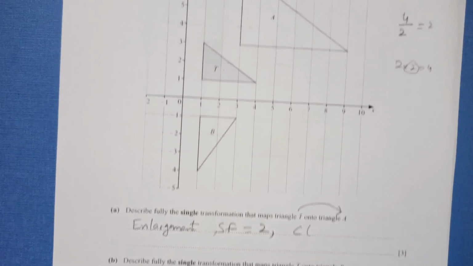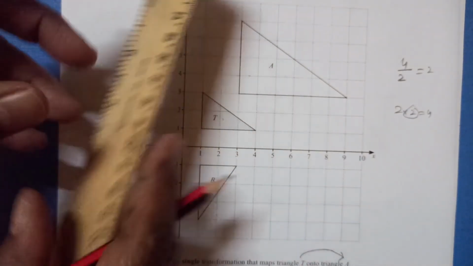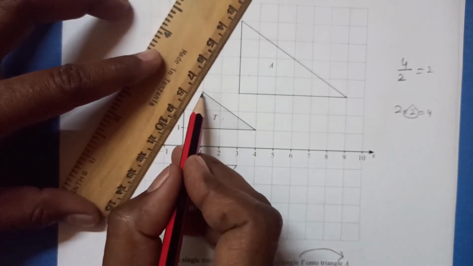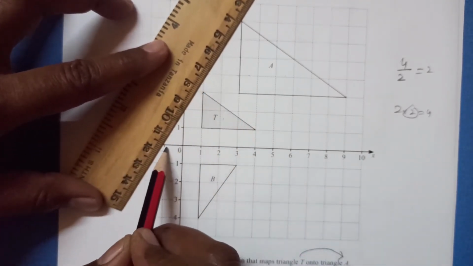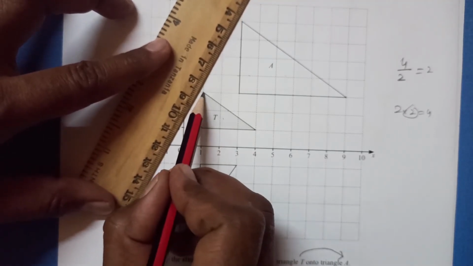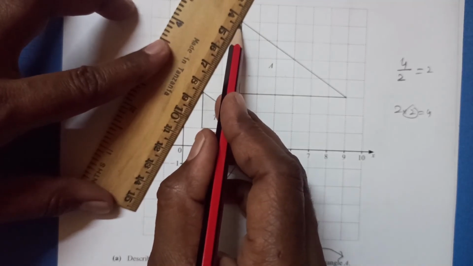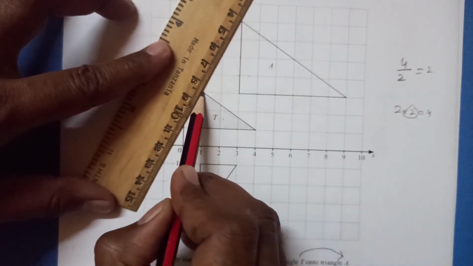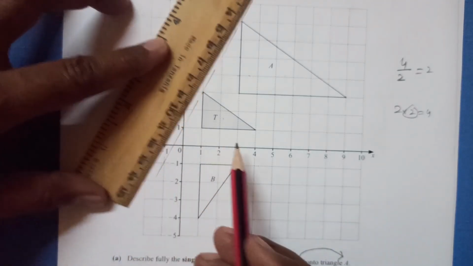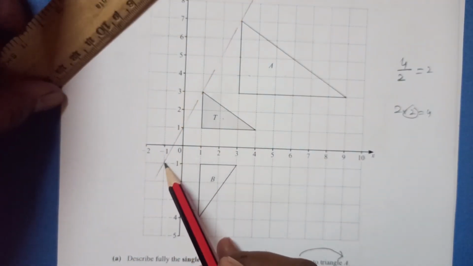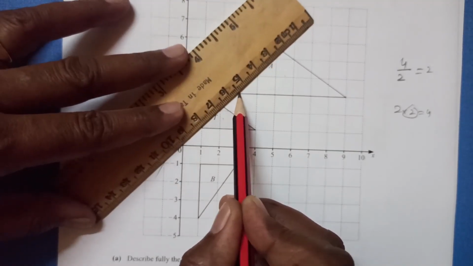So let's see the center. So we can join each vertex to get the center. So if I join these two, let's see where it comes here. You have to be very careful while drawing this one. So you see it's coming here, so we can join another one. It should come on the same point.